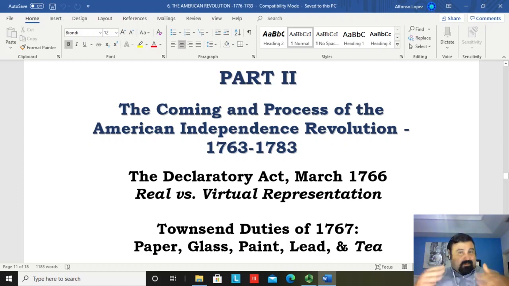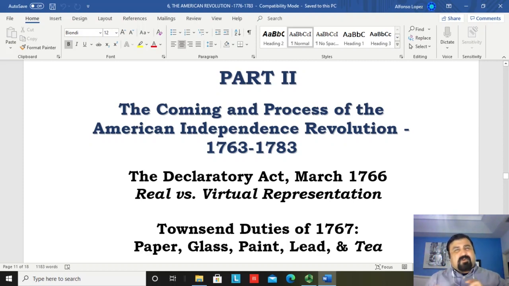Okay, so they're now experiencing waves and waves of laws emanating from the British Parliament regarding trade regulation with the colonies, like the Sugar Act, for example, the Stamp Act, the Currency Act, the Quartering Act, okay?